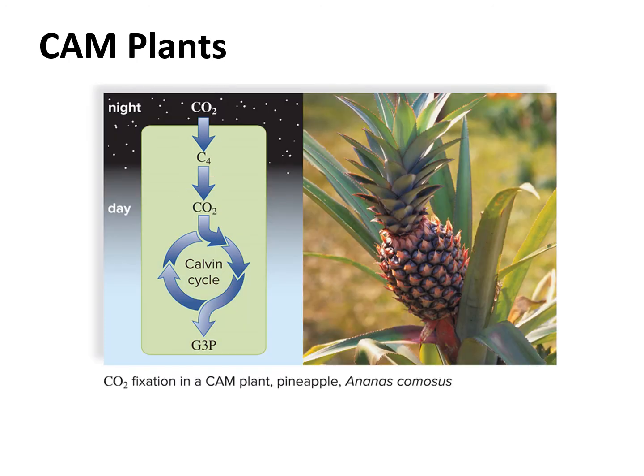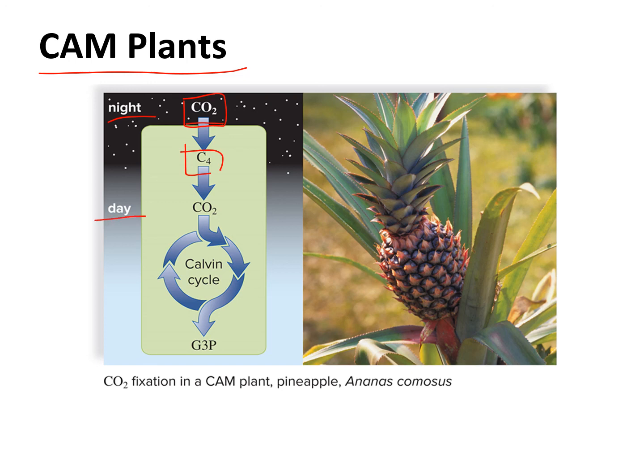The last type of plant are CAM plants, and CAM plants prevent dehydration by opening their stomata only at night. So at night, they open their stomata so they can have gas exchange, and during that time, they fix their carbon dioxide into the C4 molecules.